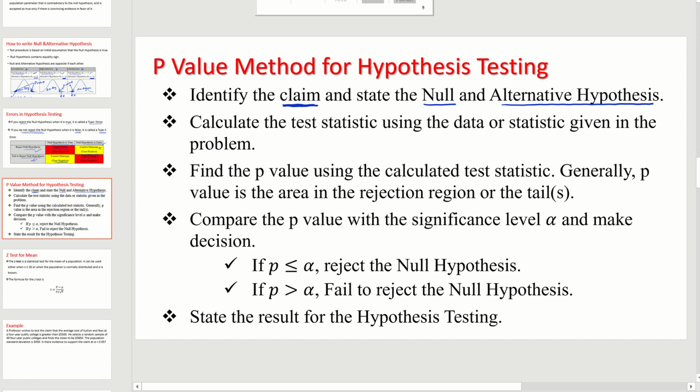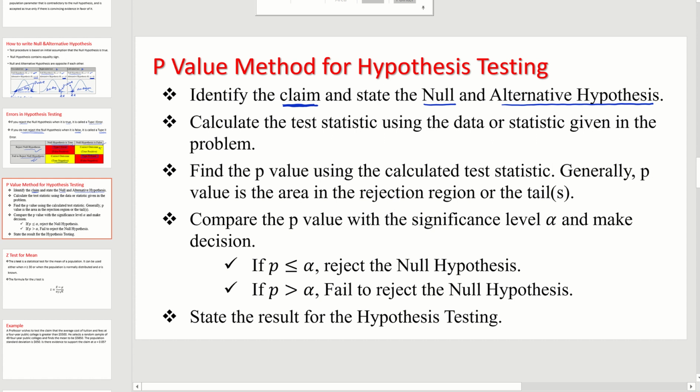Then after that, you have to calculate the specific test statistic using the data or statistics given in the problem. So using the given data or statistic, you have to find something called the test statistic, because we are going to use this to calculate the p-value. So in the second step, after we have the null and the alternate hypothesis, you have to find the test value.